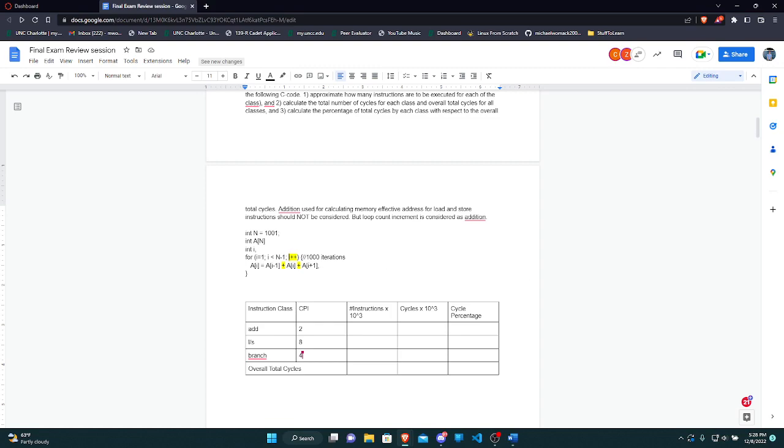Then we have, I don't know if he wants us to consider this as an add or not. I think I saw that he put down 5. Yes. So what he considers is he uses 2 add operations to find i minus 1 and i plus 1. I didn't know if that counted as memory address.